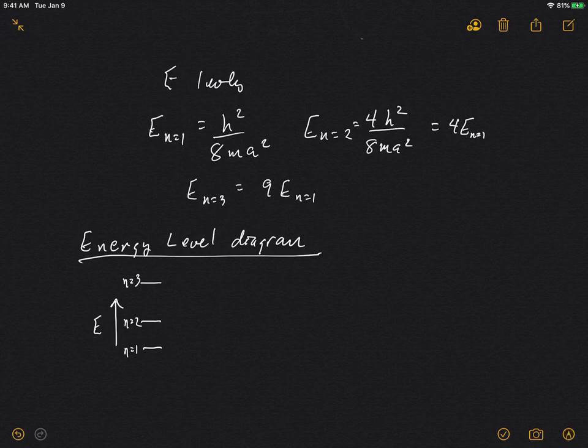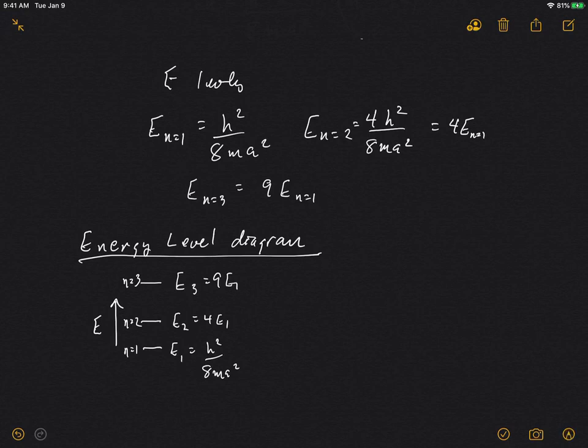And we might also put some information about the energy levels. Let's say E1, we'll drop the n equals, we'll just call it E1, is h squared over 8m a squared. Then E2 is equal to 4 E1, E3 equals 9 E1, and so on.